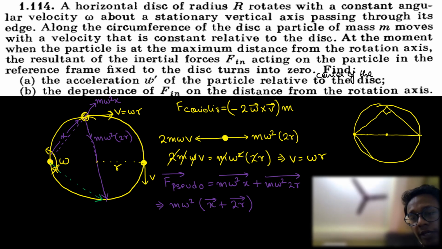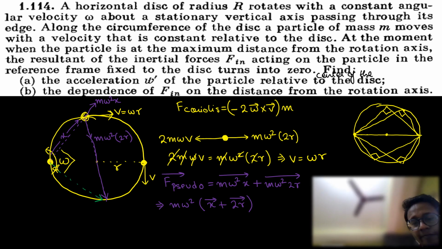You can join it here also, even this will make a 90-degree angle. Any two lines passing through the ends of a diameter and joining at any other point on the circumference will always make a 90-degree angle. So by that, this angle is also 90 degrees.